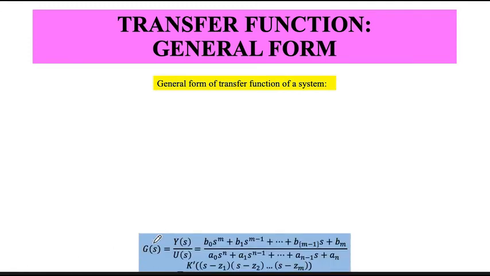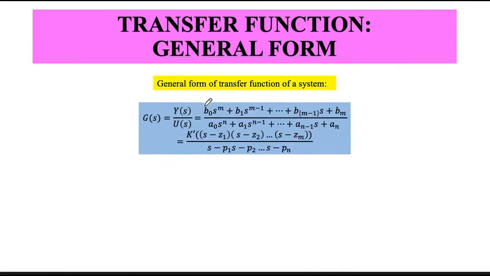So in general, the transfer function will look like this form. Y(s) by U(s), where Y(s) is any polynomial of order m in s, and U(s), the Laplace of the input, is written as any polynomial of order n which comes in the denominator. So I could also factor that with some number K prime, and a series of what we call zeros and what we call poles.